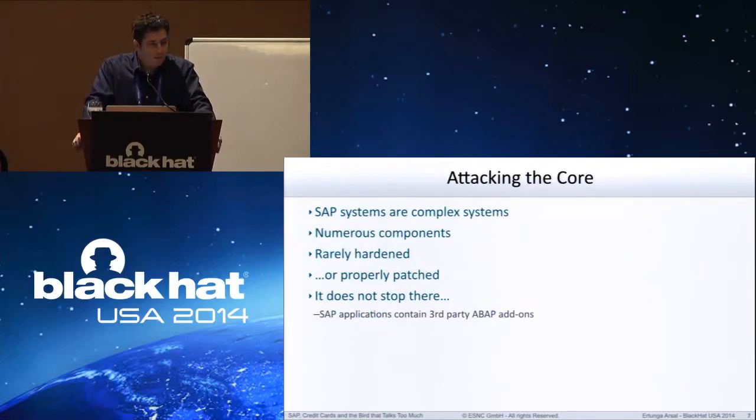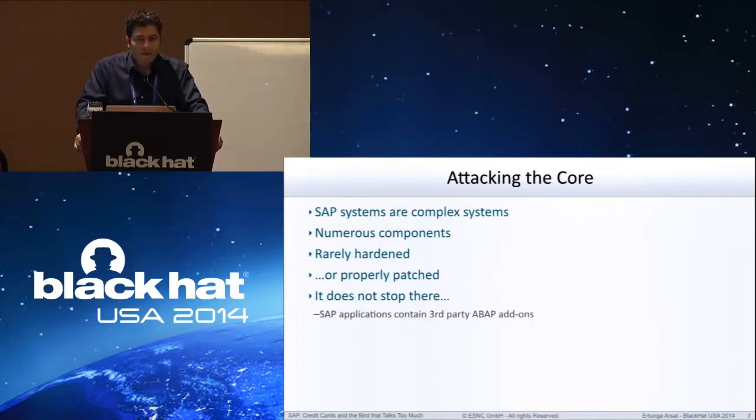First of all, the biggest problem in SAP security is that these systems are extremely complex. They have tons of different components. If you work at an IT project, you know, the moment you try to do hardening of the operating system or database or other components, then things start breaking.